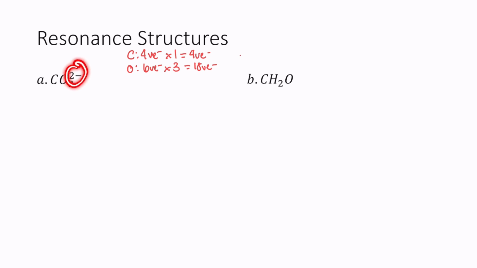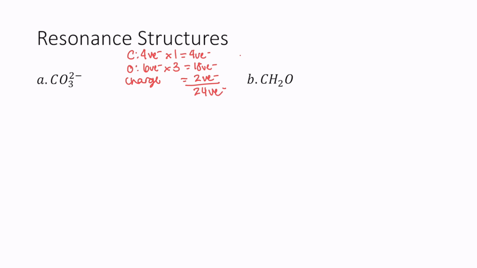Now, to compensate for that 2 minus charge, we are going to add electrons. So since it has a 2 minus charge, we are going to add 2 electrons. So when I add that up, I'm going to get a total of 24 valence electrons.